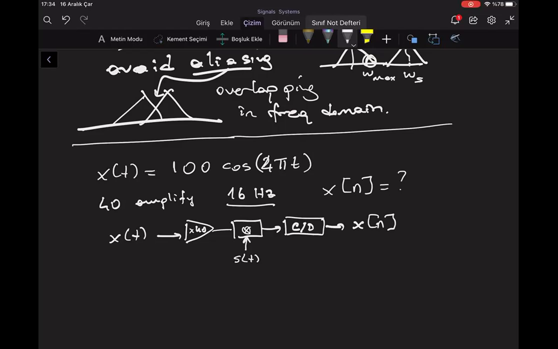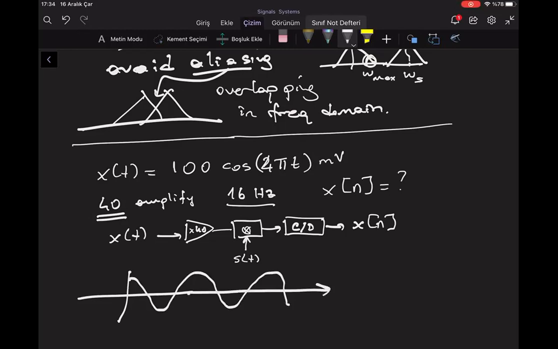This was millivolt. When I amplify by 40, what's its new voltage level? 4,000 millivolt, which means 4 volt. It will change from minus 4 volt to plus 4 volt.